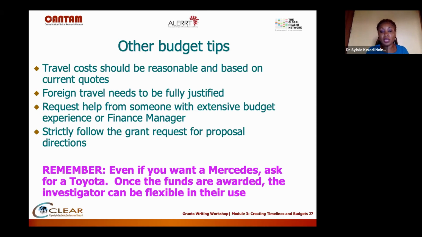Because remember, in the first module, I showed you the proposal review process. So you might write a proposal in 2020. It's in 2021, a year later, that you actually get the news that you got the grant. It's already been a year since you set up your budget. So you get the news, you have a party, you're happy.